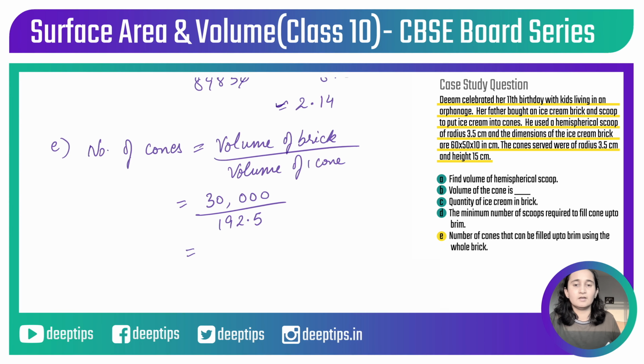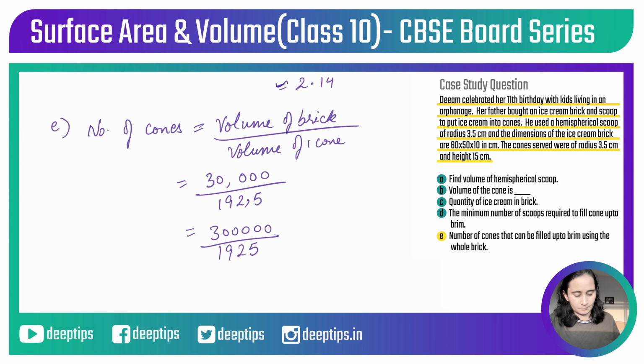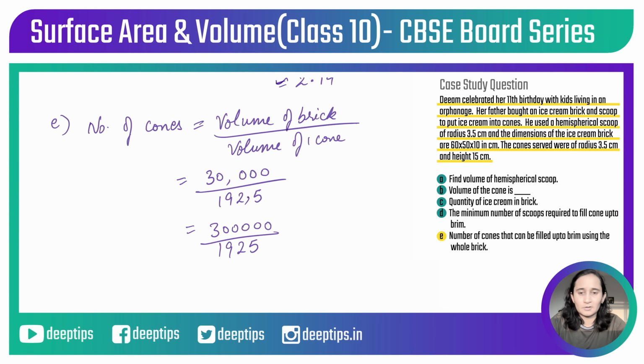So first thing, take care of your decimals. So I will remove this decimal part and add 1 zero in the numerator. 192.5 is changed to now 1925. So again you can either do the approximation method or you divide it fully to calculate the exact answer.